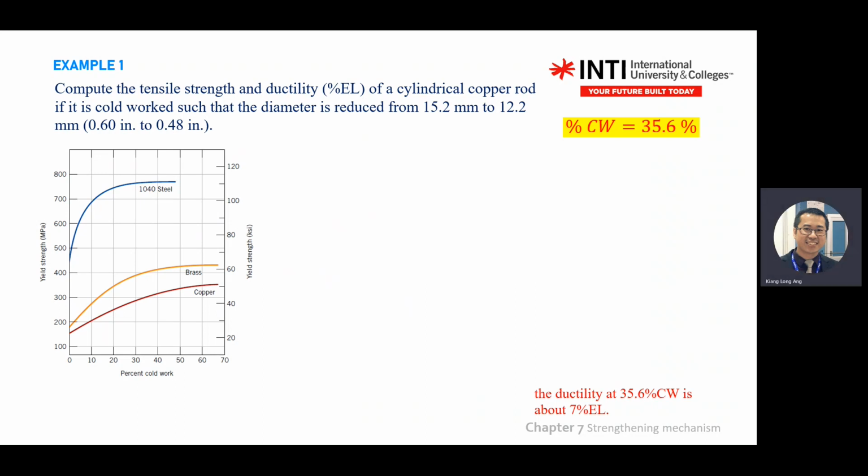So versus yield strength, this one is megapascal. You use the left hand side graph versus the x-axis. You already have 35.6%, so it's about here. Almost half, almost between 30 to 40.